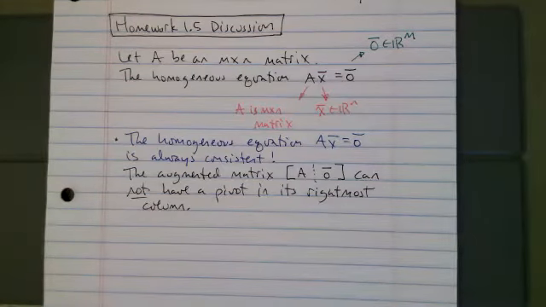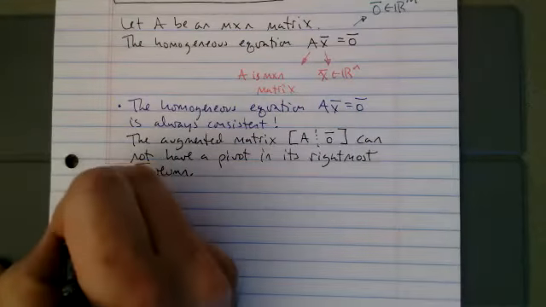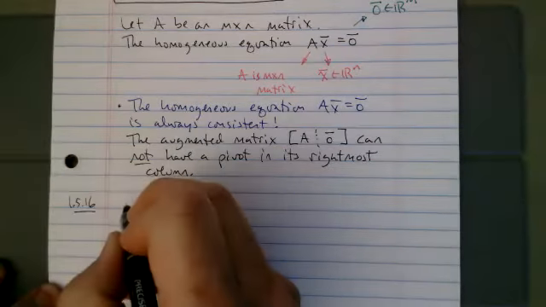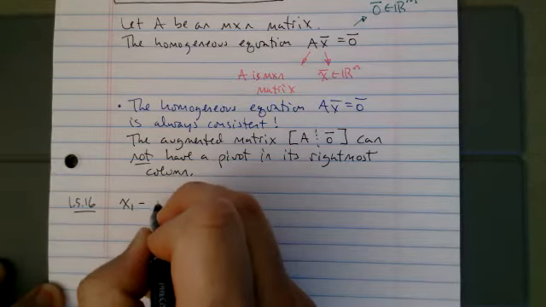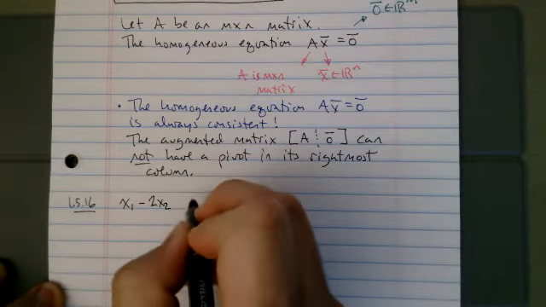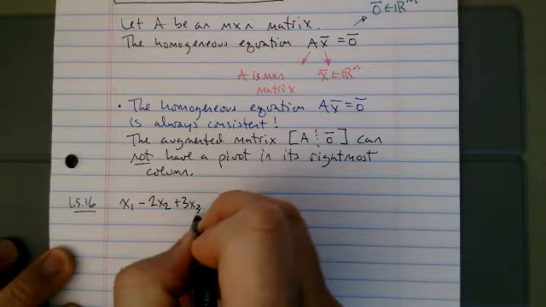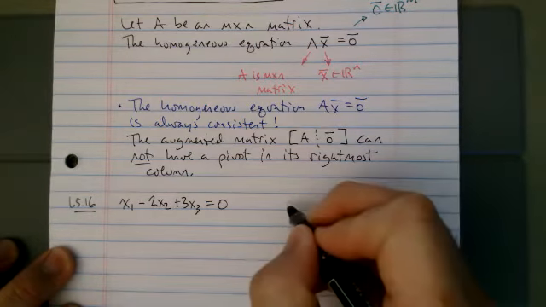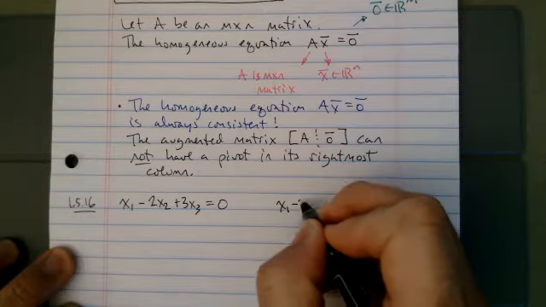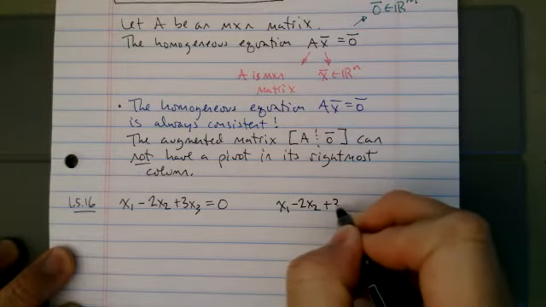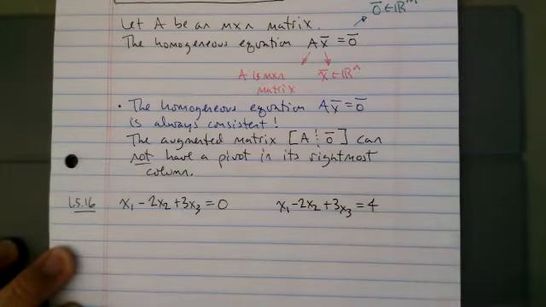16 and 18, let's start with those. So in 16, perfect, that's what we just talked about. We want to describe and compare the solution sets of x1 minus 2x2 plus 3x3 equals 0, and x1 minus 2x2 plus 3x3 equals 4.